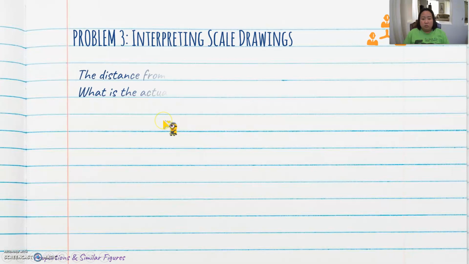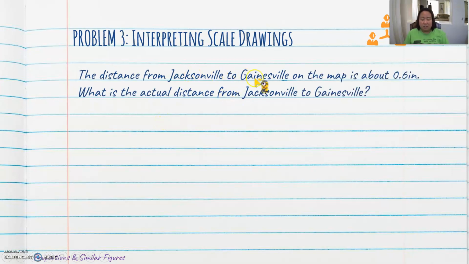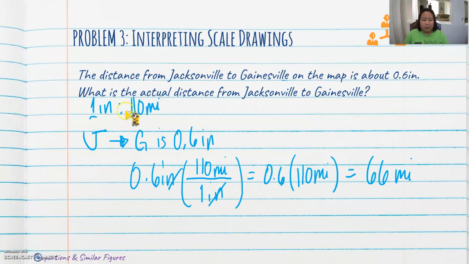Here we are to look for the actual distance between Jacksonville and Gainesville. So go ahead, try this one out on your own. Okay, if you use the same scale, 1 inch to 110 miles, you're given 0.6 inches, you multiply it with the conversion factor, and so Jacksonville to Gainesville will be 66 miles.